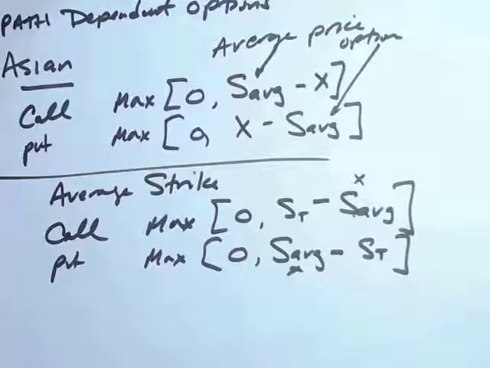Now, you might think, why would you ever want one of these? Well, they're great hedges. A really good example: say you're a large bakery, and you buy wheat every month, and the price of wheat varies monthly. It's going up, it's going down, so you're paying a high price in some months and a low price in others.